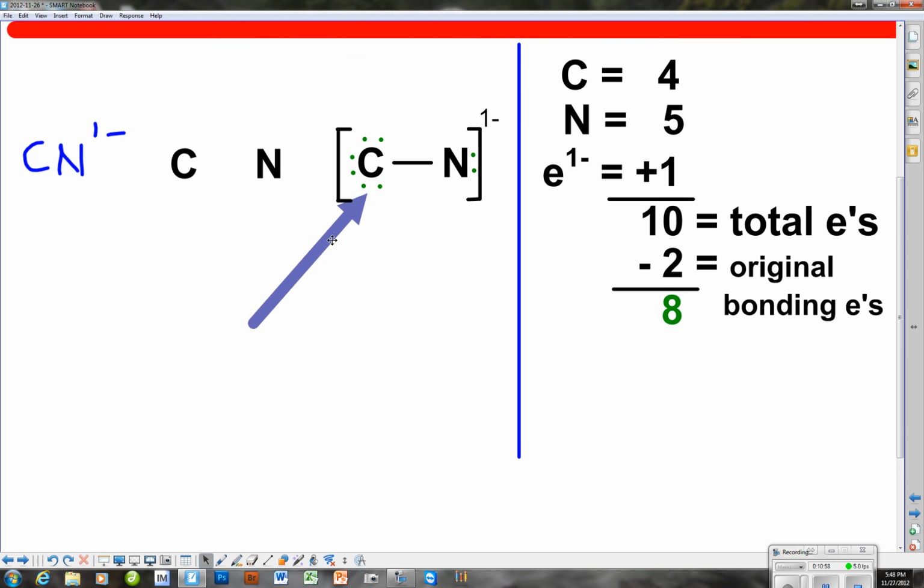So we've got carbon with 2, 4, 6, and this one makes 8. Now nitrogen is crying the blues because he's got this pair here and this pair here that are touching him, and that makes him a little shy of 8. In fact, he's 4 shy of 8. So what we're going to have to do is some sharing, and this is where double and triple bonds come from, this kind of situation.